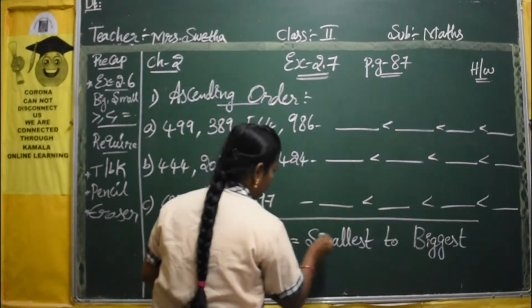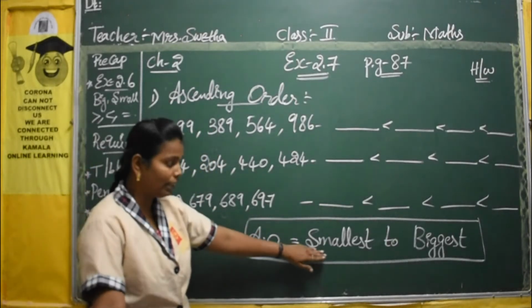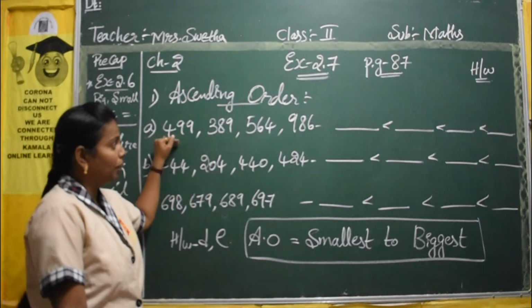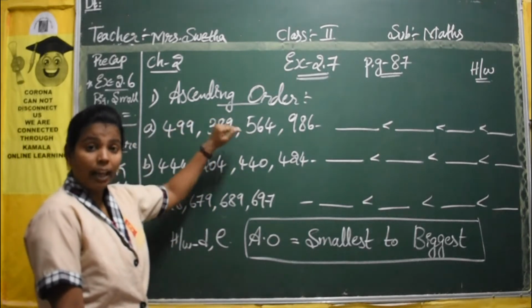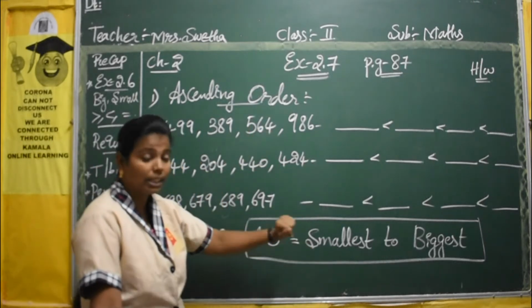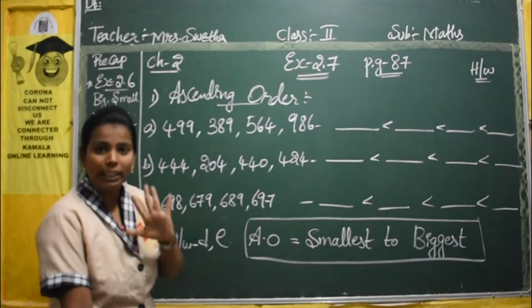So basing on this one you have to arrange these numbers now, smallest number to biggest number. Here they have given you 4 sets of numbers. From this you have to compare the other numbers. All the numbers you have to compare and you have to take the smallest number first. So in ascending order always you have to pick the smallest one.